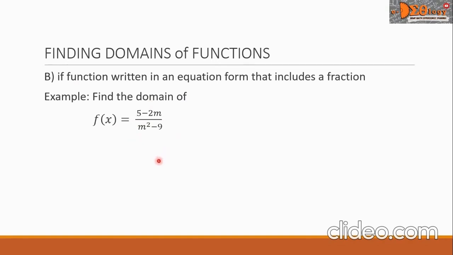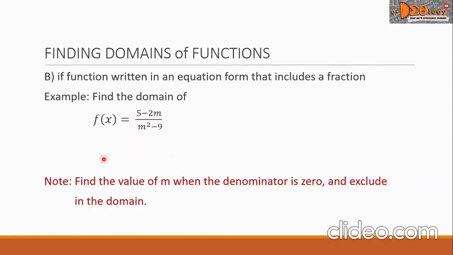Actually, we can think of all real numbers as the domain of this function. However, since we know that the denominator should not be equal to 0, our goal now is to find the value of m when the denominator is 0, then exclude it in the domain.